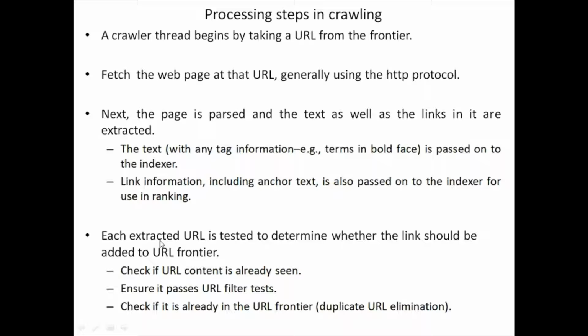Each extracted URL is tested to determine whether the link should be added to the URL frontier. The first test is to check if the URL content is already seen. This is performed by the content seen module.